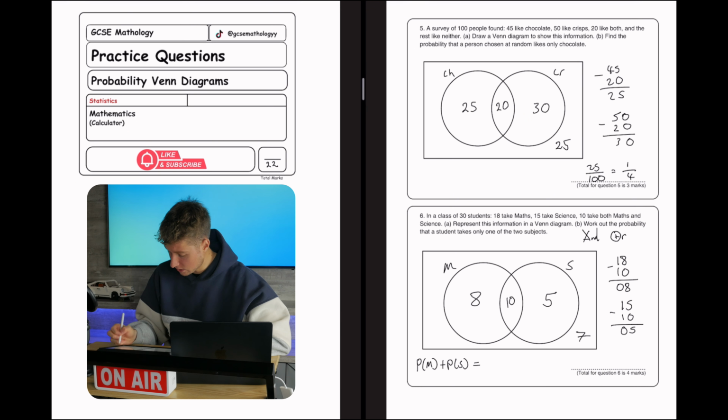So in this case, we're looking at the OR rule because it's the probability of taking maths or taking science. So it's a student that takes only one of the two subjects, so maths or science. So the probability of maths is 8 out of 30, plus the probability of science is 5 out of 30. So this is equal to 13 over 30.